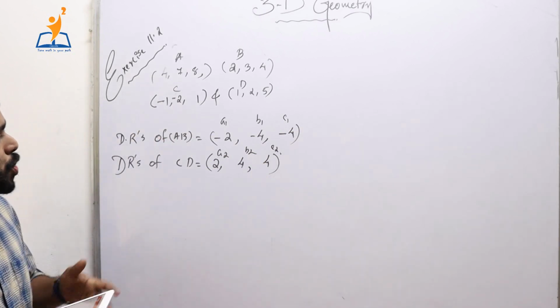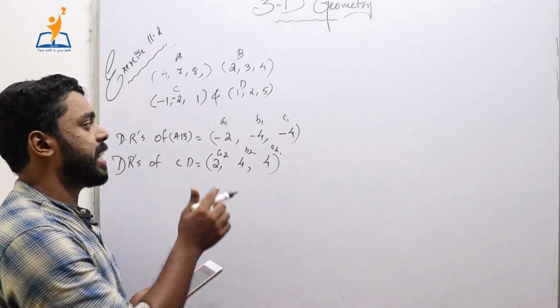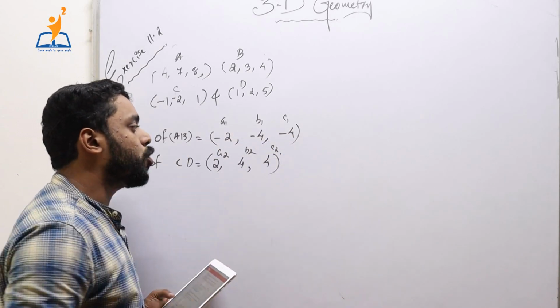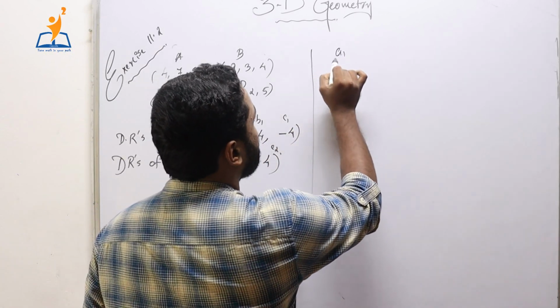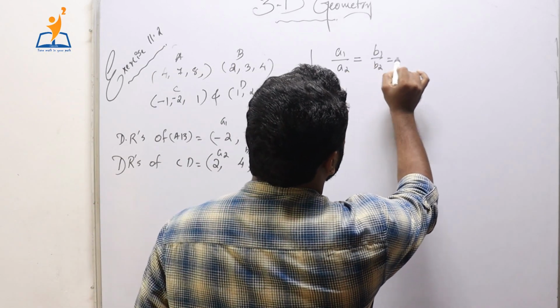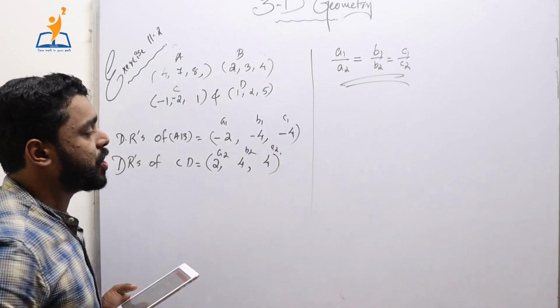So in order to show that these two lines are parallel, we have derived a condition in the previous class. If A1, B1, C1 are the direction ratios of the first line and A2, B2, C2 are the direction ratios of the second line, then they are parallel if and only if A1 by A2 is equal to B1 by B2 is equal to C1 by C2, isn't it? Now we shall check whether this relation is valid here.